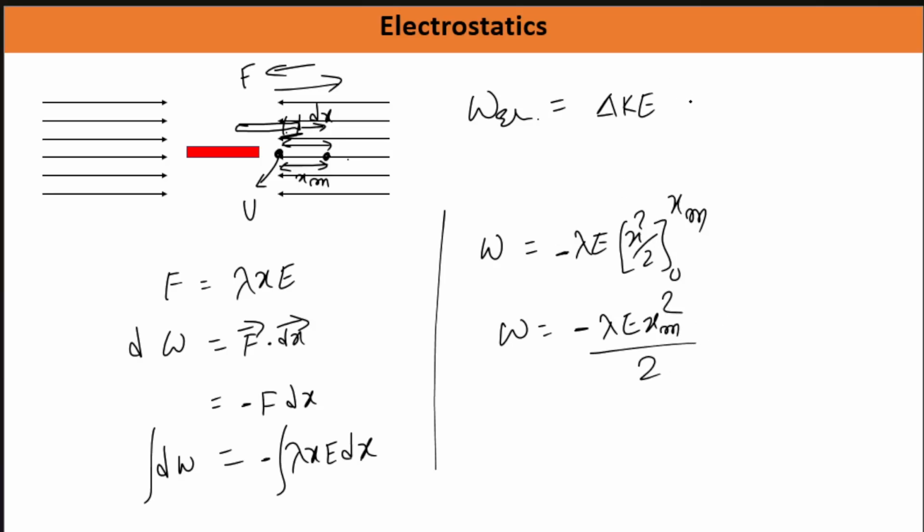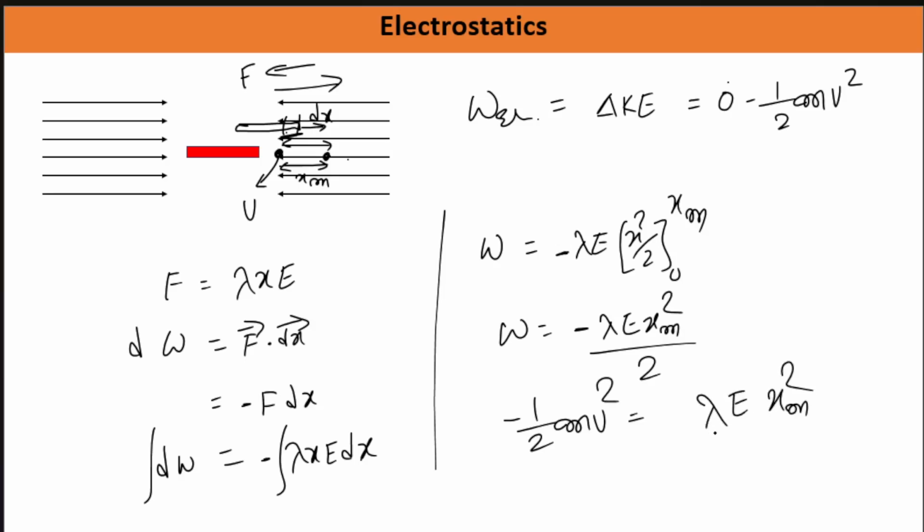Change in kinetic energy. Initial kinetic energy half mu square, final 0. So this is equal to this much. Now you equate. So minus half mu square is equal to minus lambda e xm square by 2. So 2 will get cancelled, and u value is equal to how much? Lambda e by m root under xm.